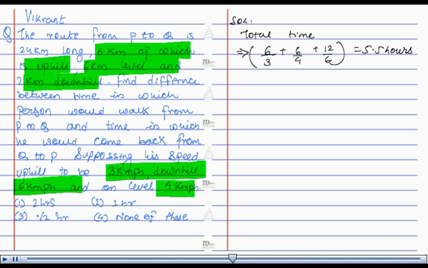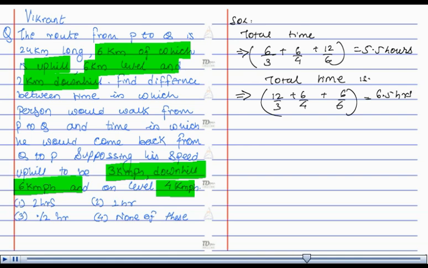Now from Q to P, again it is 12 km uphill, 6 km level and 6 km downhill. So the total time taken in that case is 12 upon 3 plus 6 upon 4 plus 6 upon 6, that makes it in all 6.5 hours.